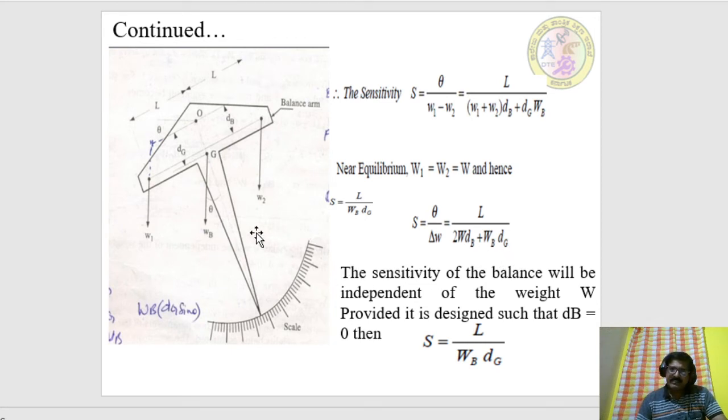So the sensitivity of the analytical balance will be independent of the weight W, provided it is designed such that dB is equal to 0. Then the first term 2W dB becomes 0, and the remaining term is WB dg. Therefore, sensitivity S is equal to L divided by WB dg.